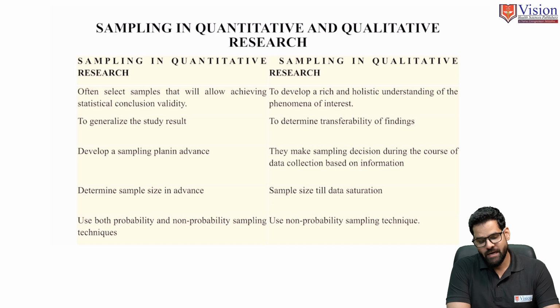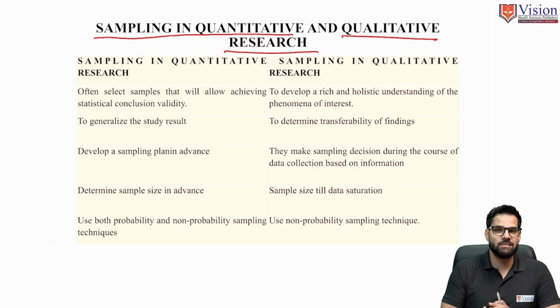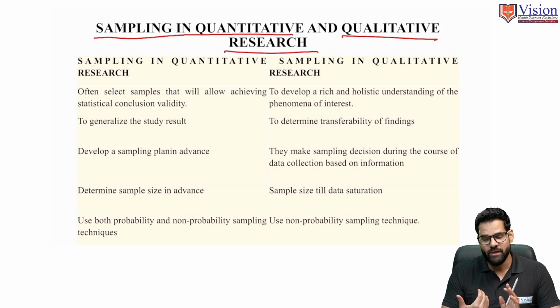The next important point that we need to understand here is sampling for quantitative and qualitative research. We have already discussed quantitative and qualitative research in detail. Now, how does the sampling vary, and what points do we need to consider?